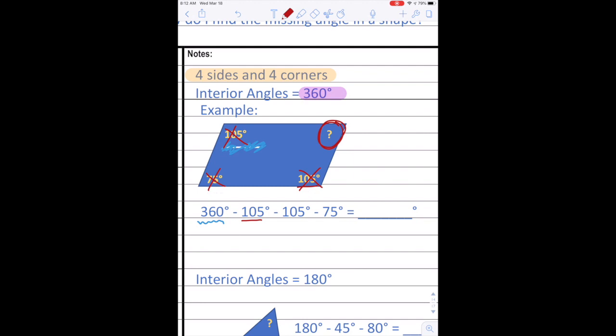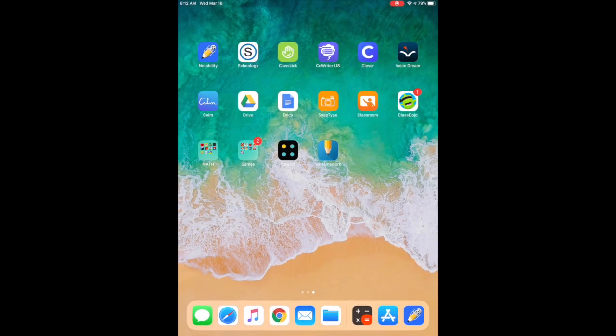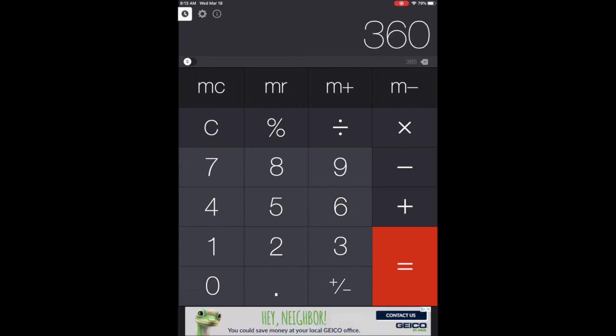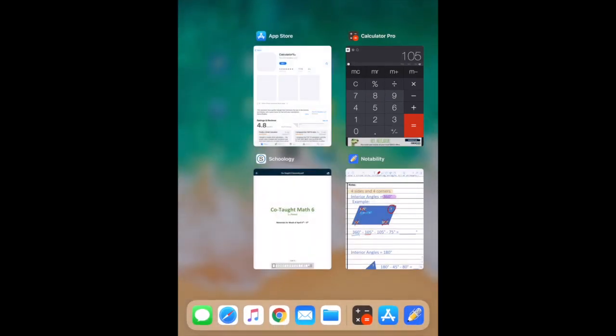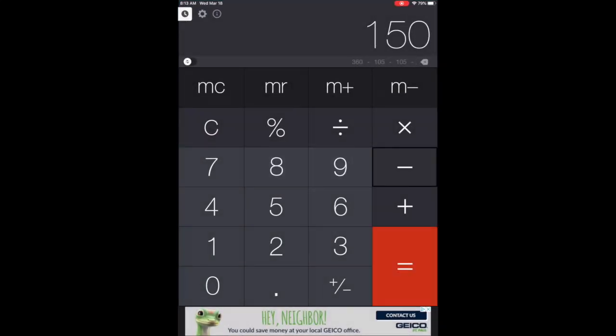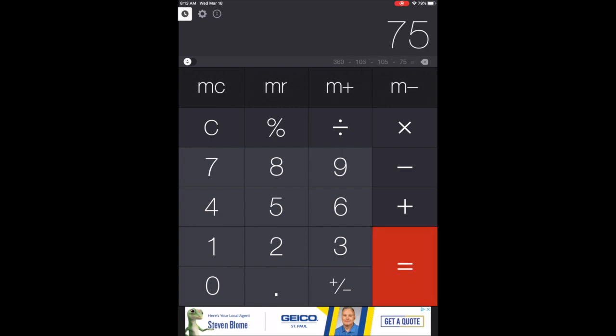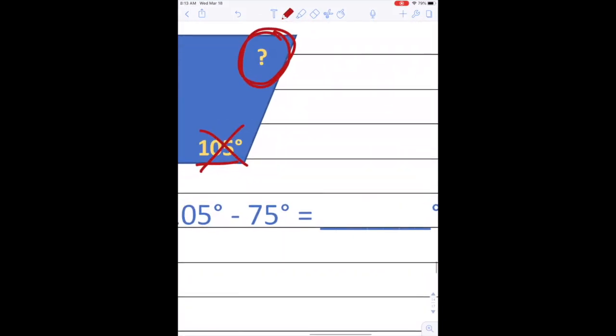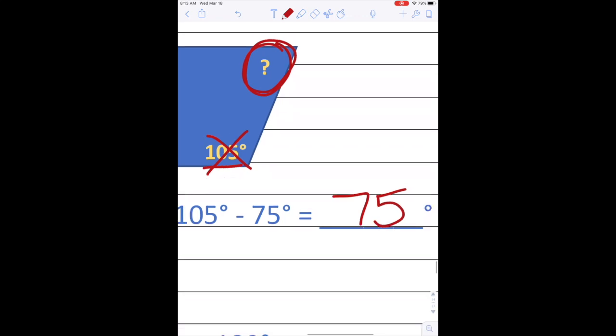In my calculator, I'm going to start with 360, minus those 2 angles, the 105s, and then the third one, 75. Then it tells me my answer is 75. So that other angle that's missing is 75 degrees.